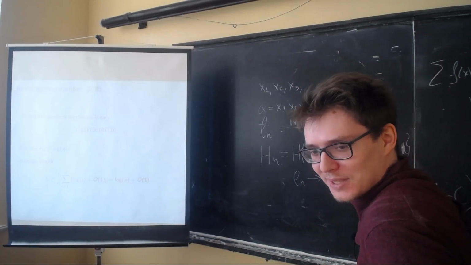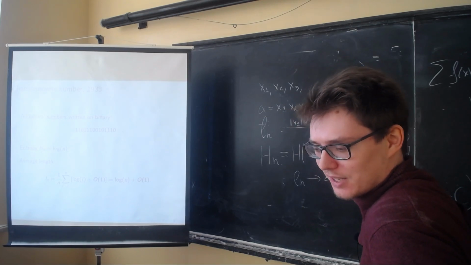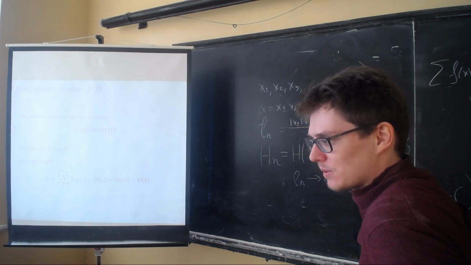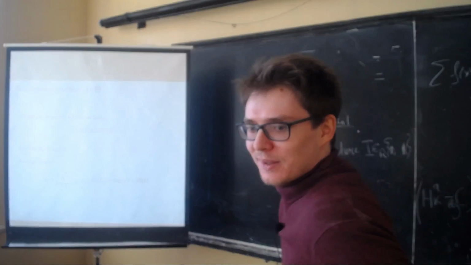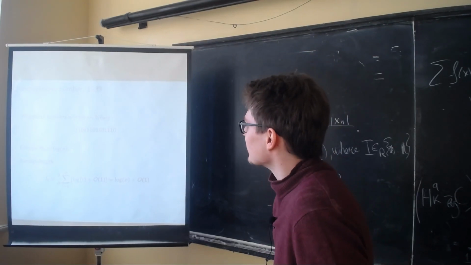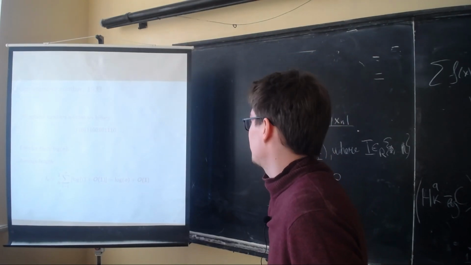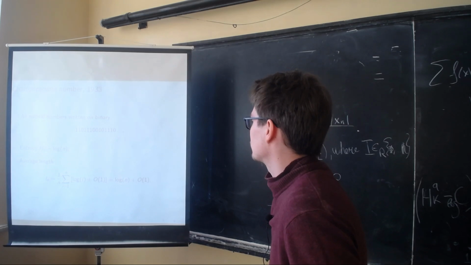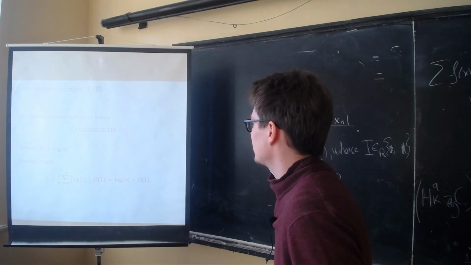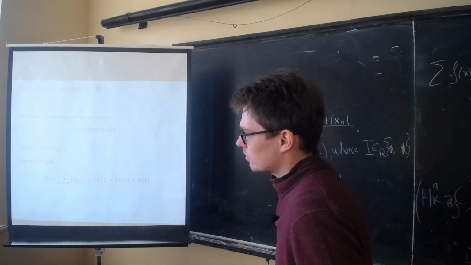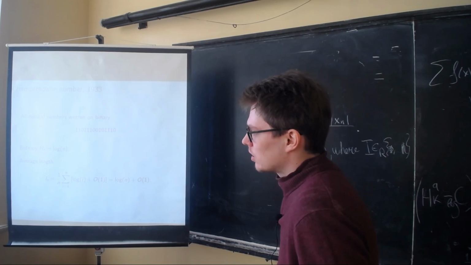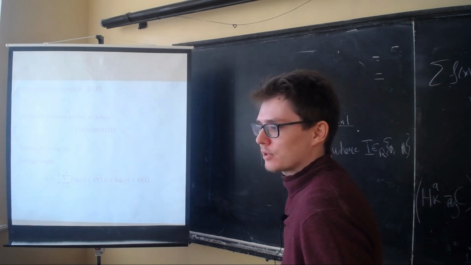So I don't know, does it count as a motivation? And the average length: if you take the first n, the length of the binary representation of the number i is log i plus a constant. So the average length is log n plus a constant.